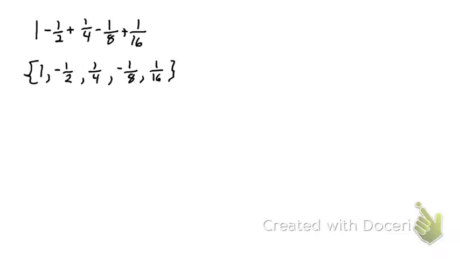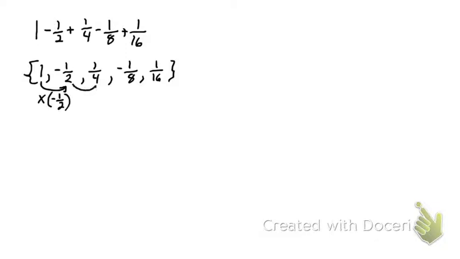It should be geometric. Because to get from 1 to 1/2 using multiplication, I'd multiply by 1/2. Well, to get to a negative 1/2, I must multiply by a negative 1/2.